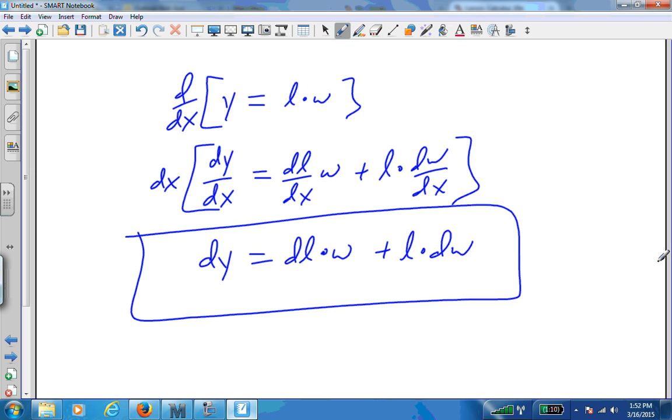So it's very reminiscent of the product rule for just regular derivatives. But this is in a differential form. So it's the differential of the first variable times the second plus the differential of the second variable times the first.